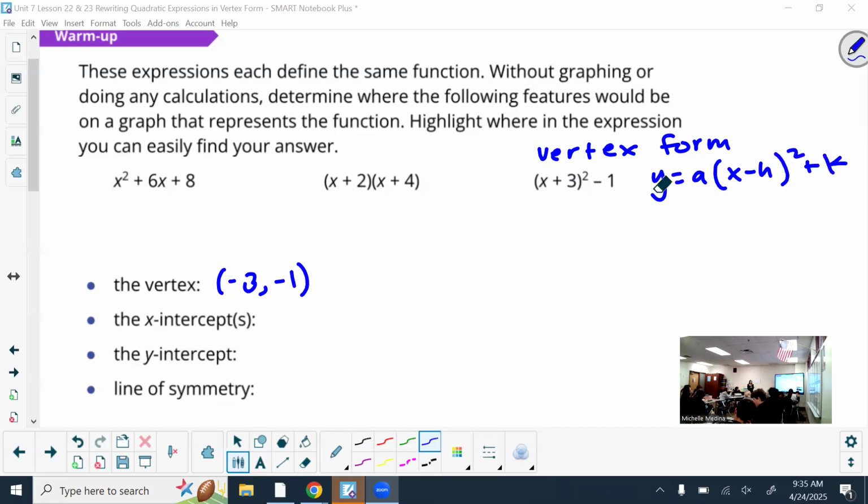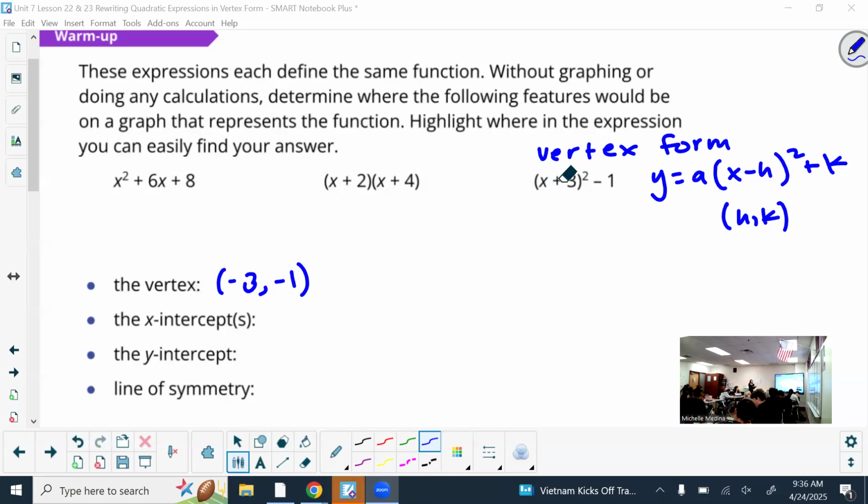But here it is. And what 2 letters give us the vertex, class? H and K for this setup. So the x of your vertex is always in the parentheses with the x, and it always has the opposite sign of how it looks in the formula.